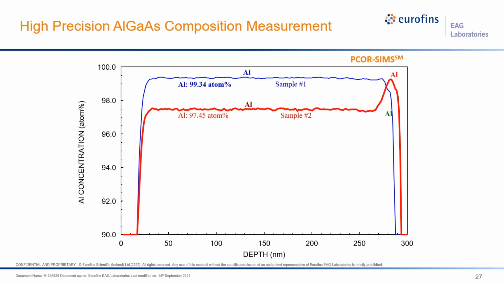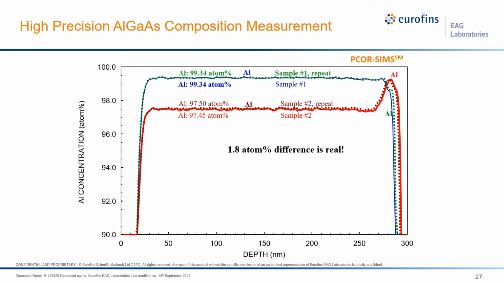So the way we do that in SIMS is basically to repeat these structures, and when we do that, we find that the difference between the two samples is real because the standard deviation of the two measurements is less than 1% or less than 0.5%.